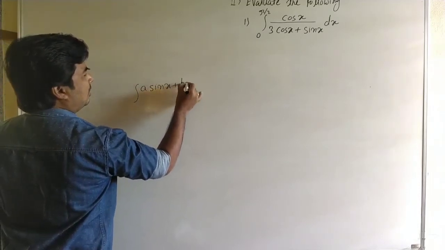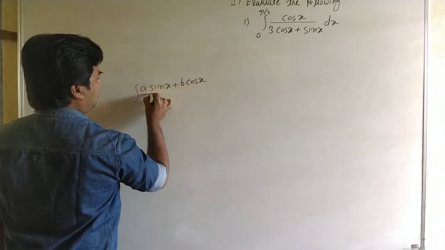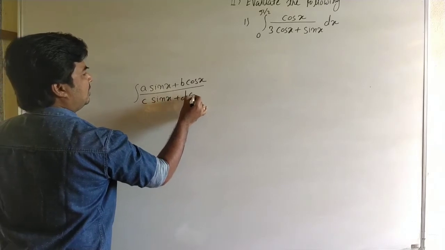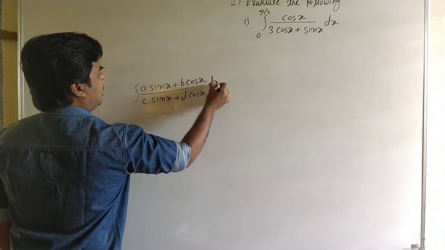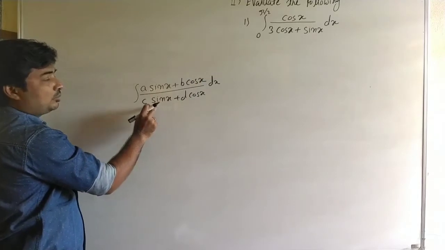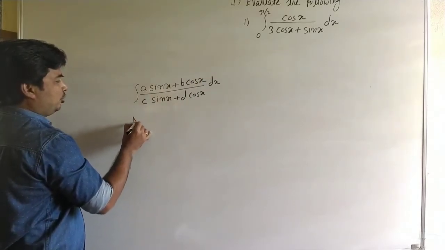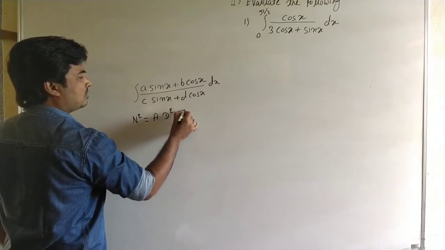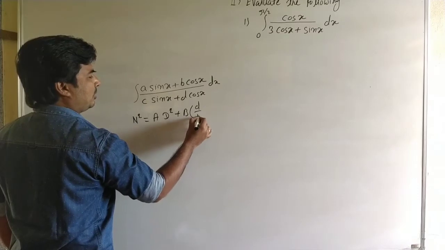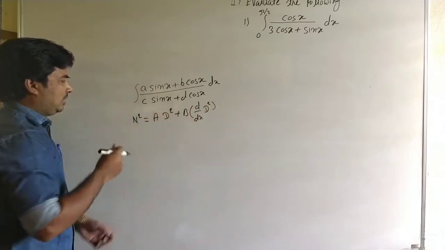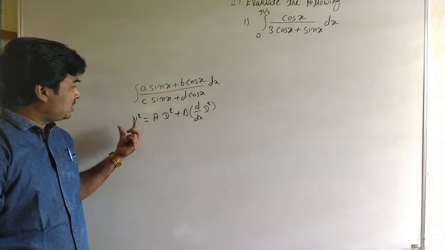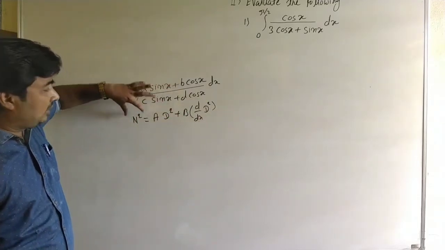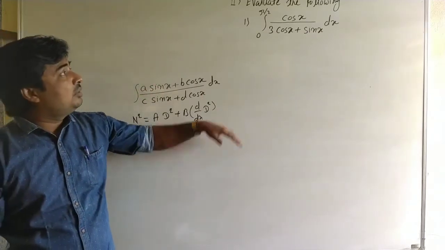This integral is in the form of this type, and the solution method is: numerator equals a into denominator plus b into derivative of denominator. That means the numerator can be expressed in terms of the denominator and the derivative of the denominator. Then we evaluate the integral, and after evaluation we take the limits.